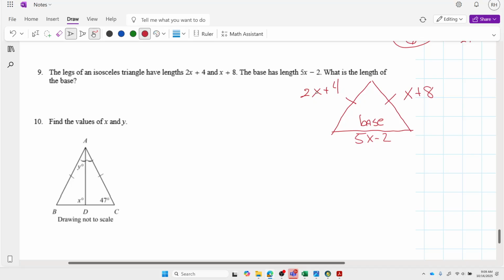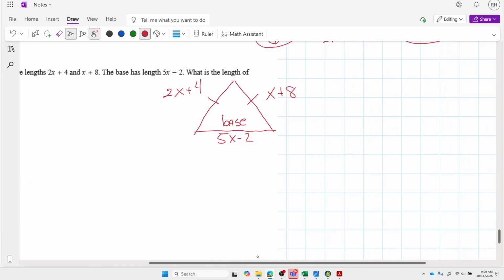So again, we're going to take the two sides that are congruent to each other, use those expressions to solve for x, and then substitute it in for the base. So 2x plus 4 is equal to x plus 8. Subtract x from each side. x plus 4 equals 8, and subtract 4 from each side.